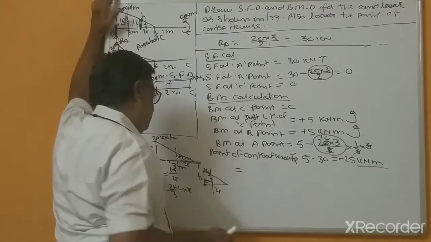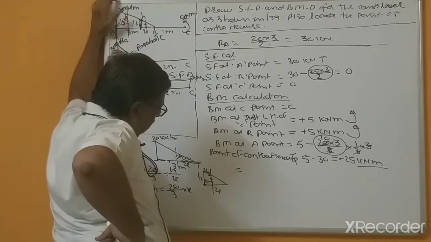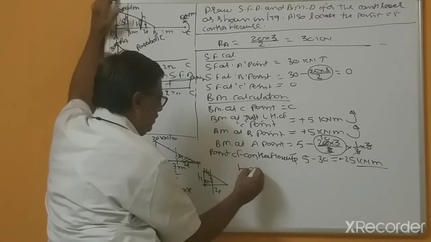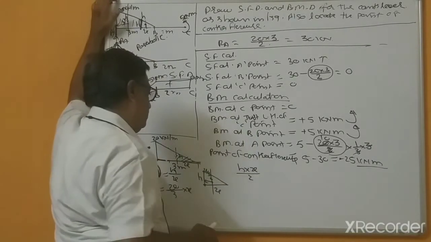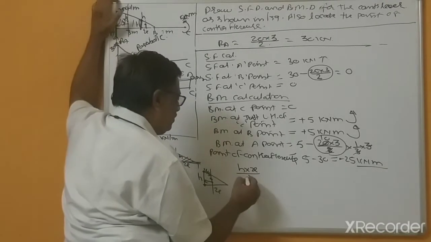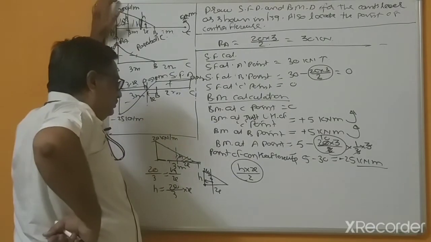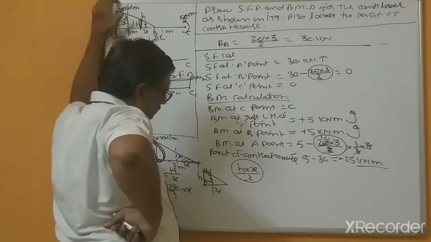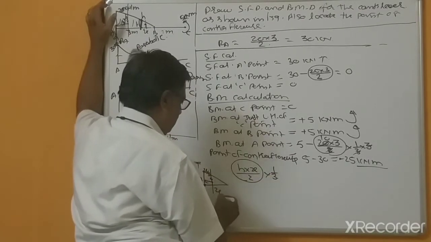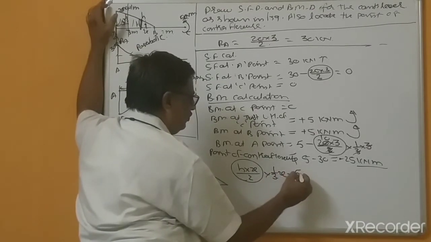So here, h into x divided by 2, multiplied by, so this is the shear force, divided by 1/3 of x, minus 5.